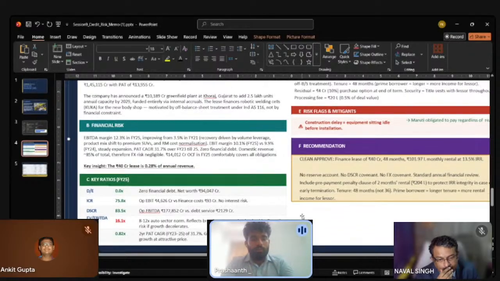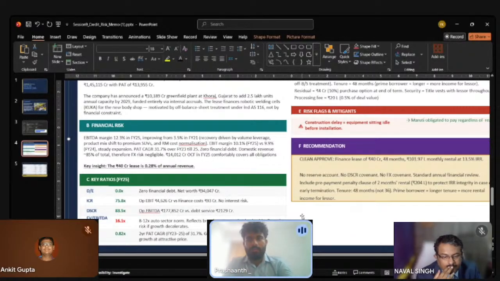And so when coming to financial risk, the shift to premium SUVs will definitely demand some sort of reallocation of resources, some slight dip in revenues, and some slight dip in the volume sales as well.